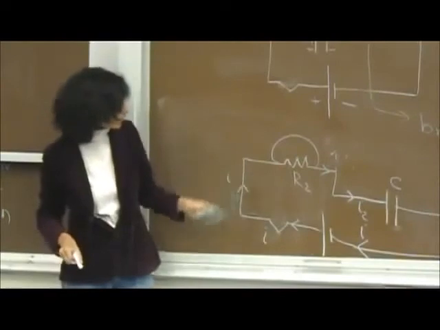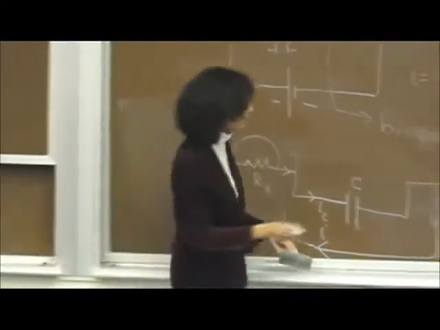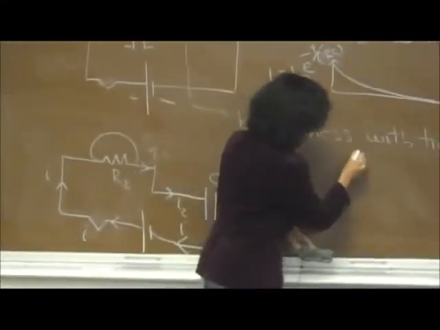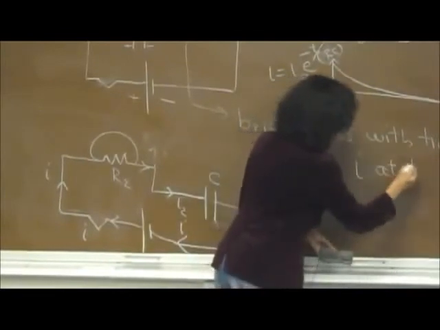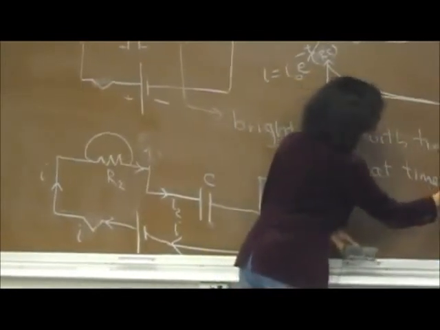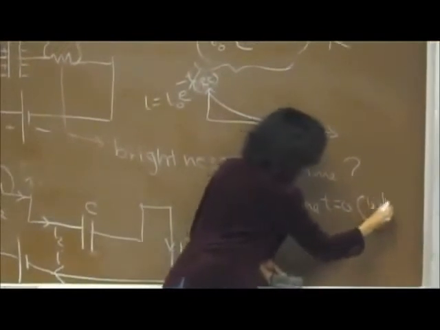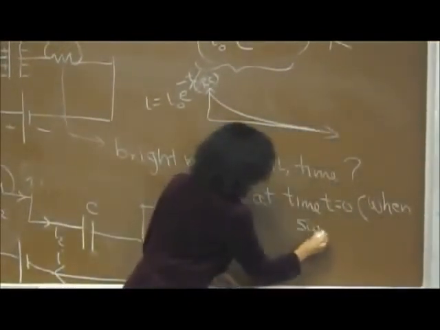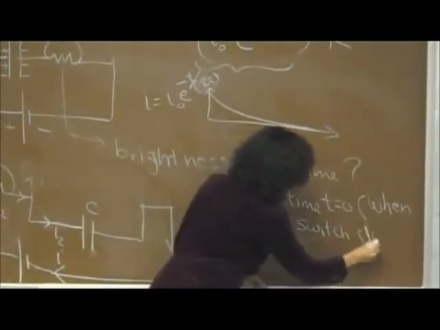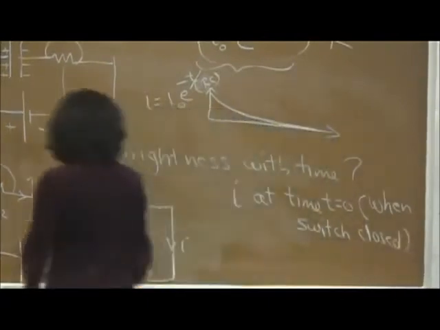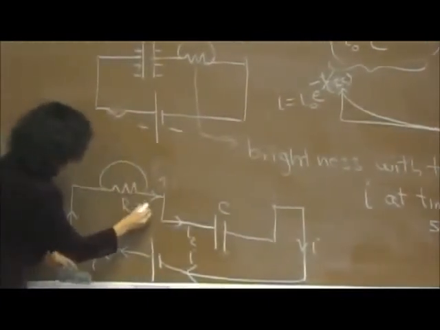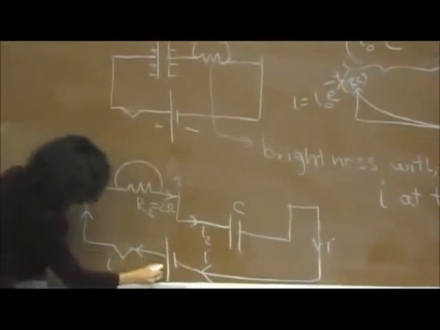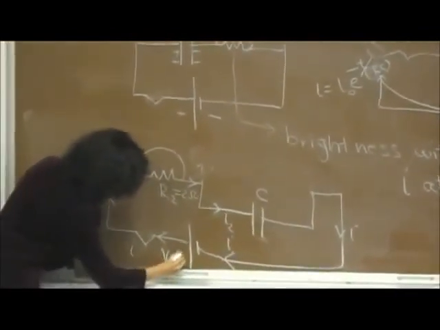So initially, if you wanted to calculate the current I at time t equal to 0, and t equal to 0 means when the switch was closed, suppose I told you that this resistance R2 is 2 ohms, and that this battery voltage is 9 volts.